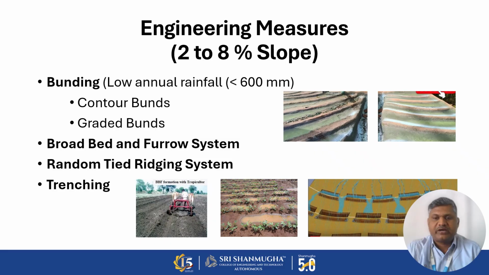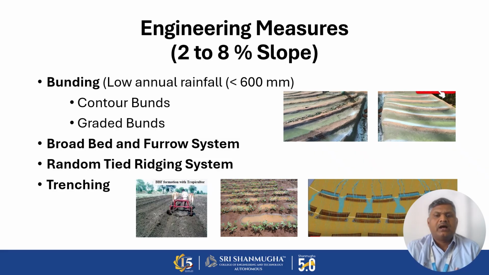What happens is that the top width and bottom width of the bund increase. When the base width of the bund increases, the stabilization of the bund is greater, so the runoff velocity is withstood or held by this base. It reduces runoff and conserves the soil by this method.